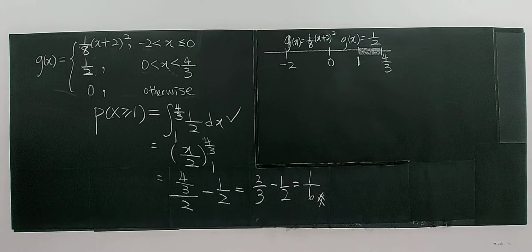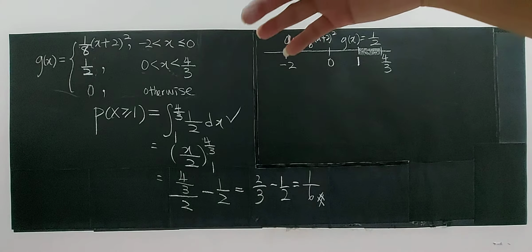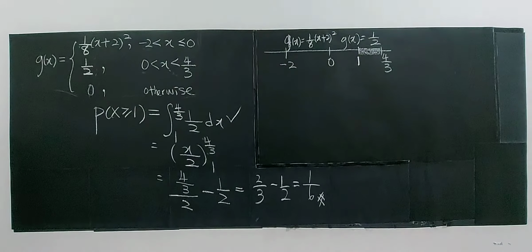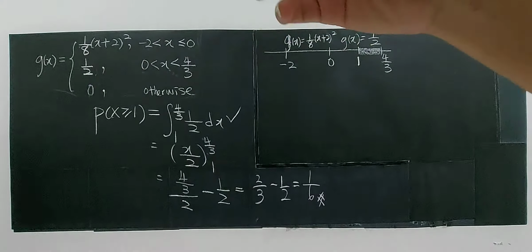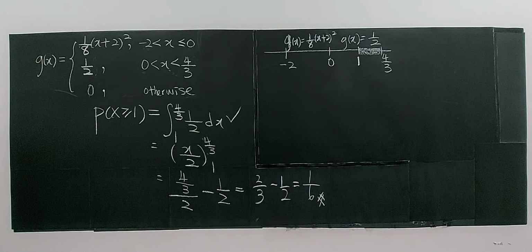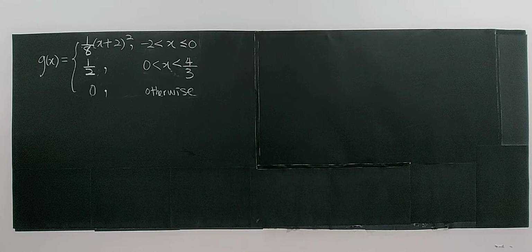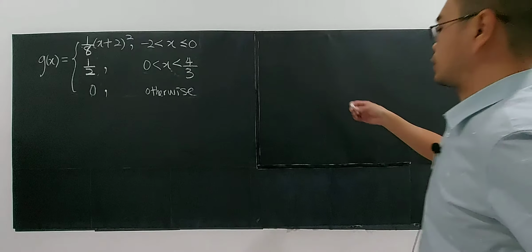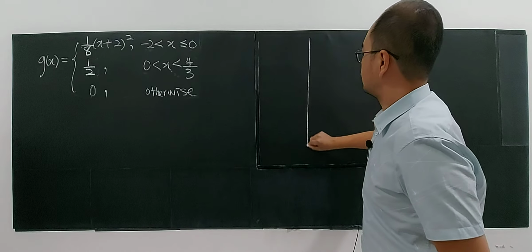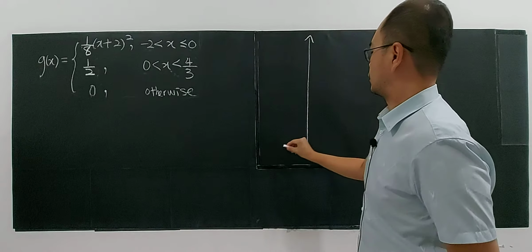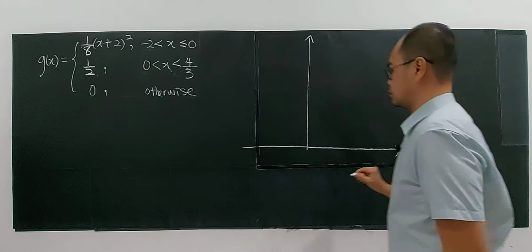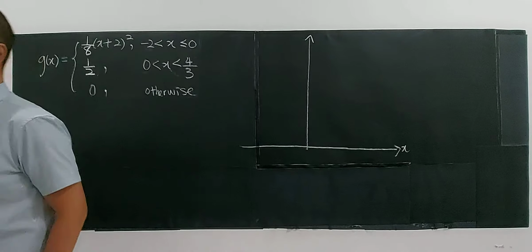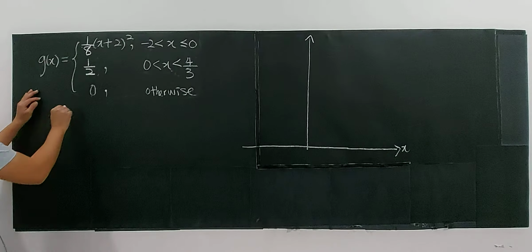Okay, if the question asks you to sketch the graph for this probability density function, let's see how to sketch it. You must understand that a probability density function is always positive.